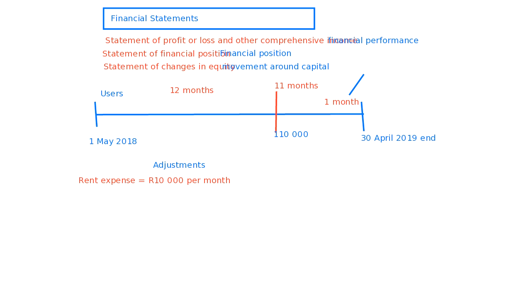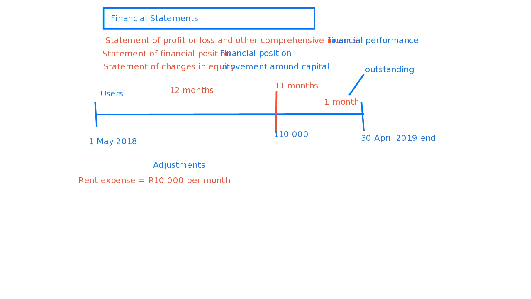So how much do you think we're going to add for that particular 1 month? We're going to add 10,000. So in the books of account, we're going to have 120,000 all in all.